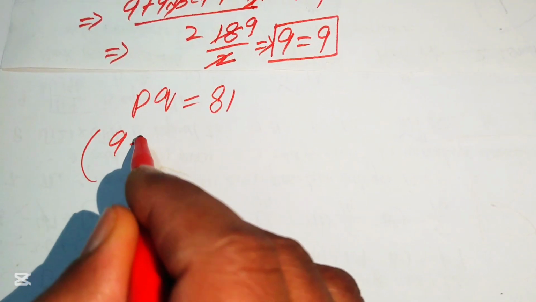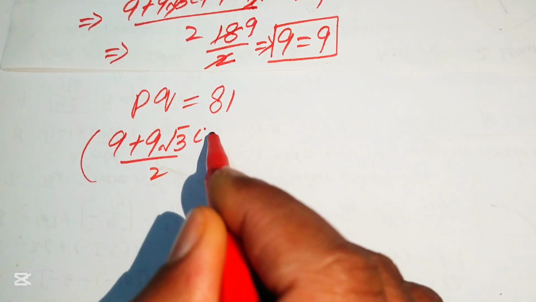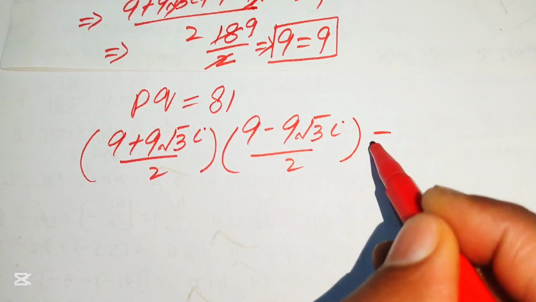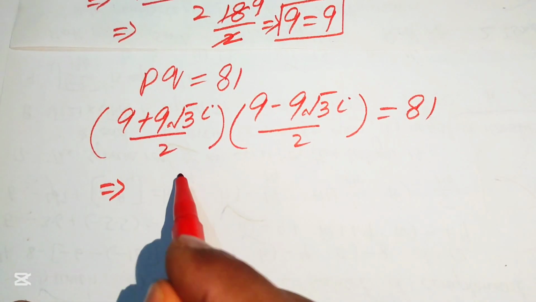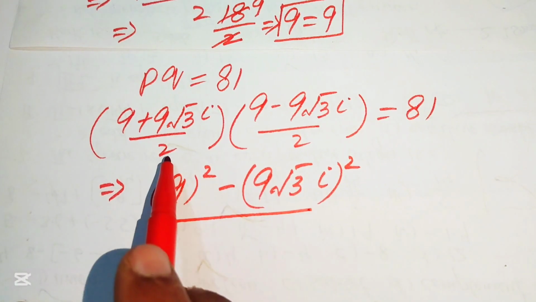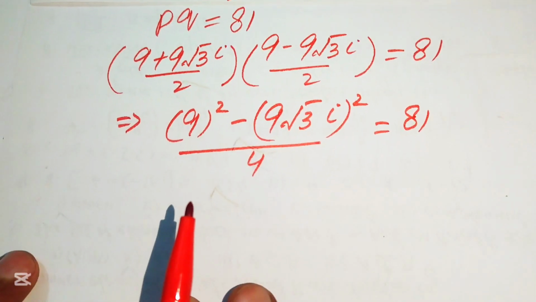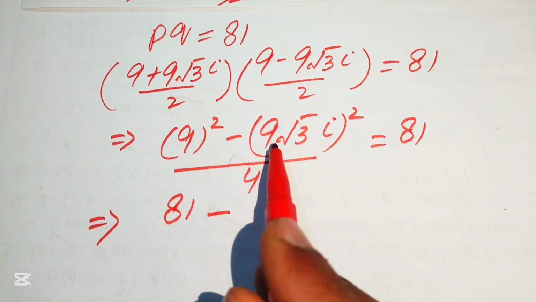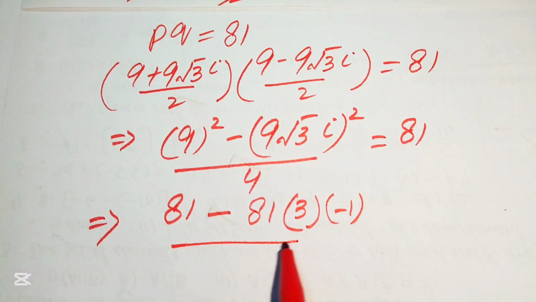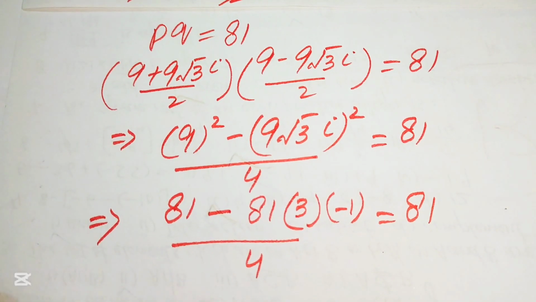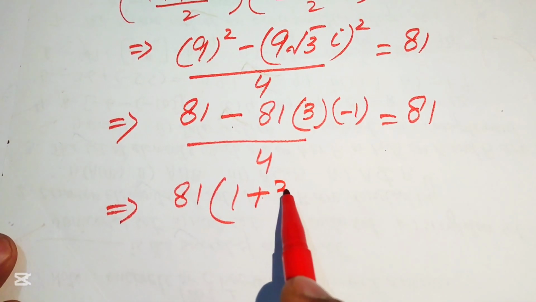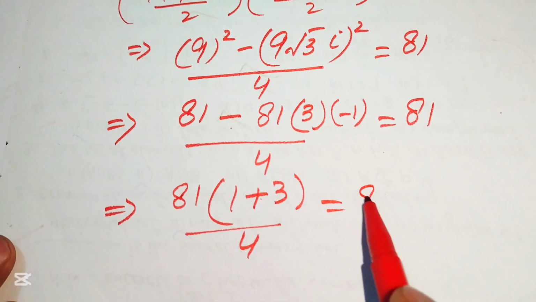The value of p is (9 + 9√3 i)/2 and the value of q is (9 − 9√3 i)/2, which should equal 81. In the numerator this gives us 9² − (9√3 i)², and in the denominator 2 times 2 is 4. So 9² becomes 81, minus 81 times the square root of 3 squared, which becomes 3, and i² equals −1, divided by 4 equals 81. We take 81 common from the numerator, and the remaining terms are 1 and, since minus times minus becomes plus, 3, divided by 4 equals 81.